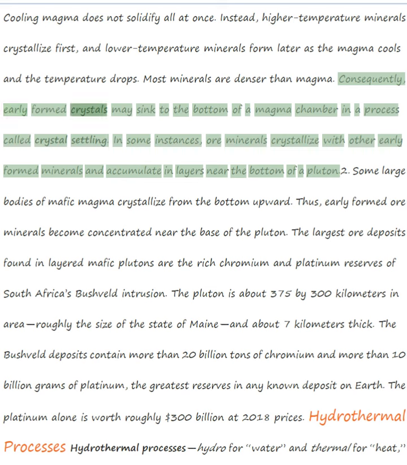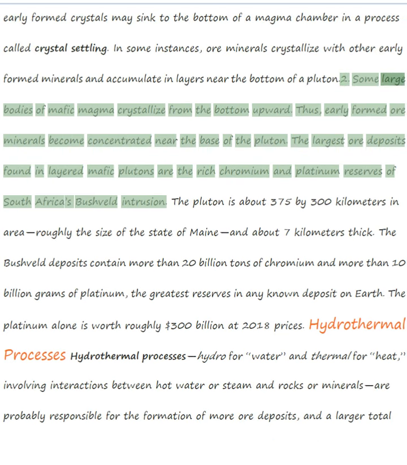Consequently, early formed crystals may sink to the bottom of a magma chamber in a process called crystal settling. In some instances, ore minerals crystallize with other early formed minerals and accumulate in layers near the bottom of a pluton. 2. Some large bodies of mafic magma crystallize from the bottom upward. Thus, early formed ore minerals become concentrated near the base of the pluton.